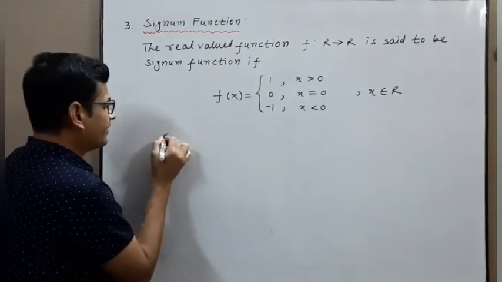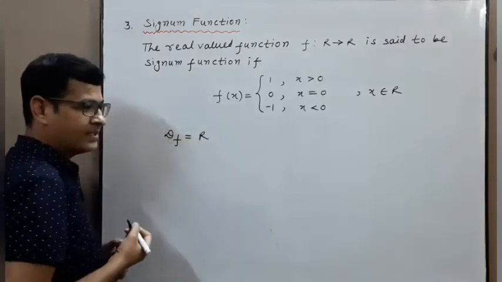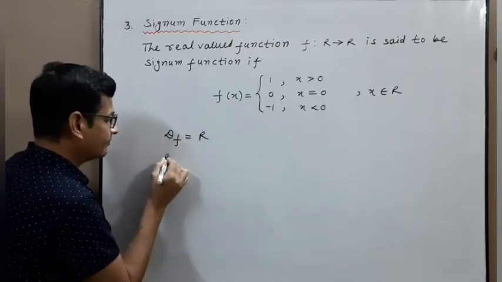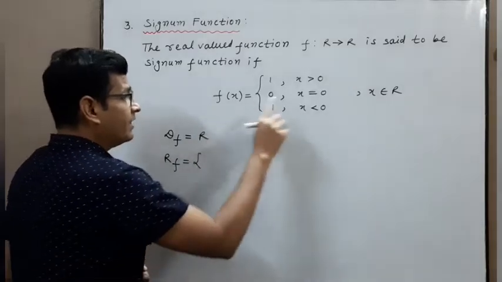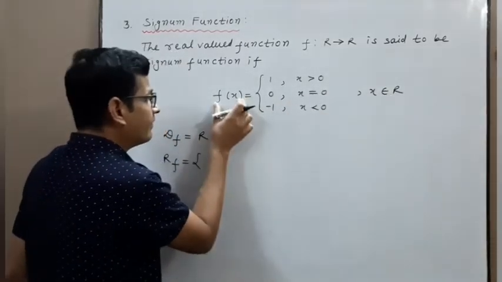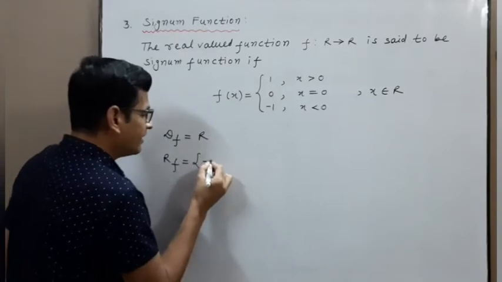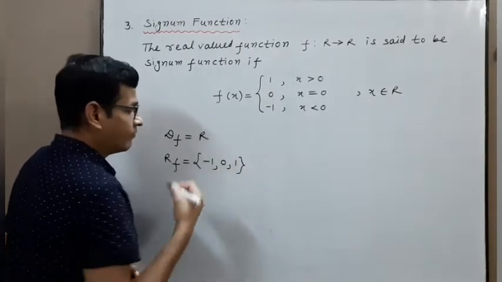Domain of the signum function is the same as the domain of the identity function and the domain of the constant function. Range: for every x belonging to R, the value of f(x) is either 1, 0 or minus 1. So the range here contains three elements, minus 1, 0 and 1.